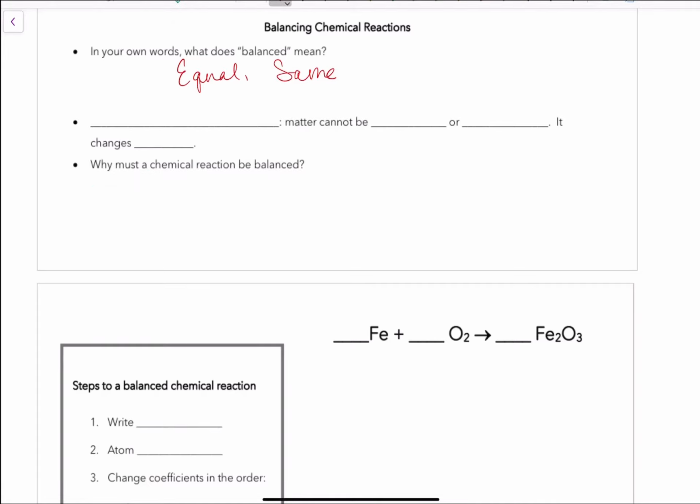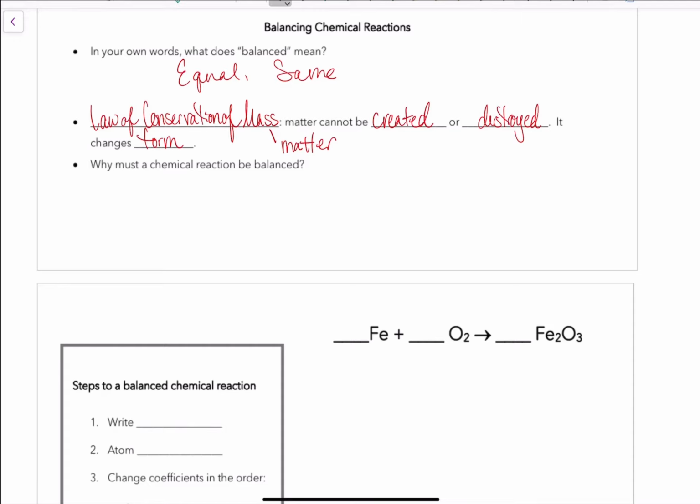It has to do with this thing called the law of conservation of mass. Sometimes it also might be called the law of conservation of matter. Those are the same thing. So this law basically says that matter cannot be created or destroyed. Matter just changes form.